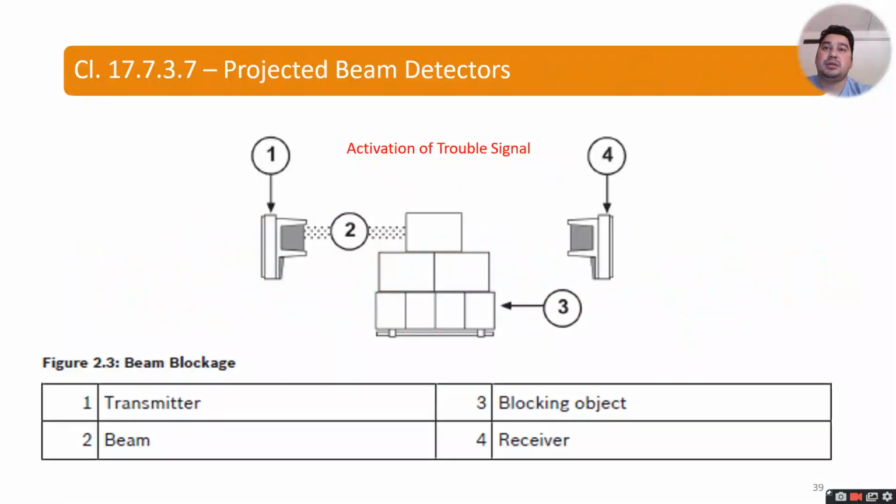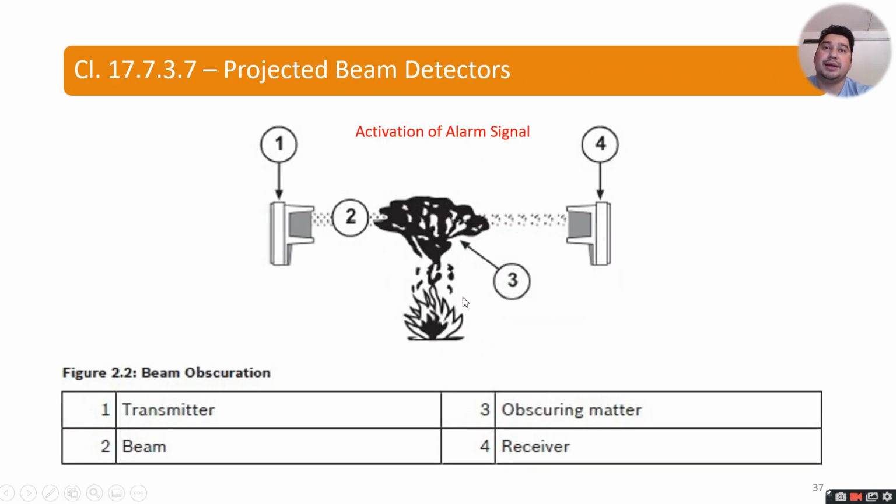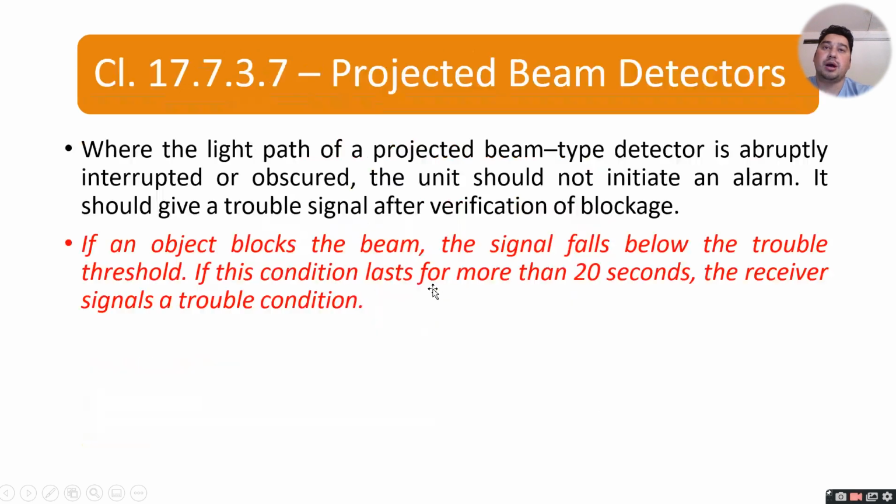So if it is blocked by anything which is not a fire, the alarm will not sound. Here you can see that it is obstructed by fire smoke, so it will start to alarm. But here it is not obstructed by fire smoke, it is obstructed by a material, so the alarm will not start.